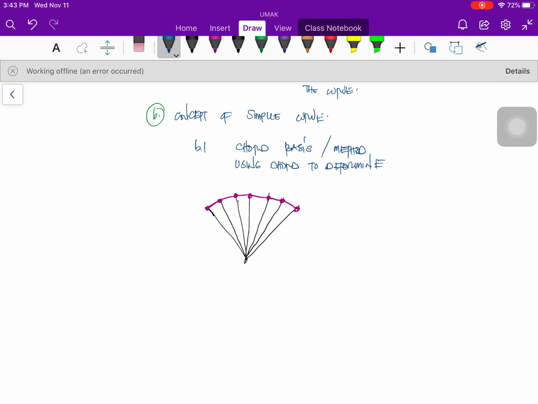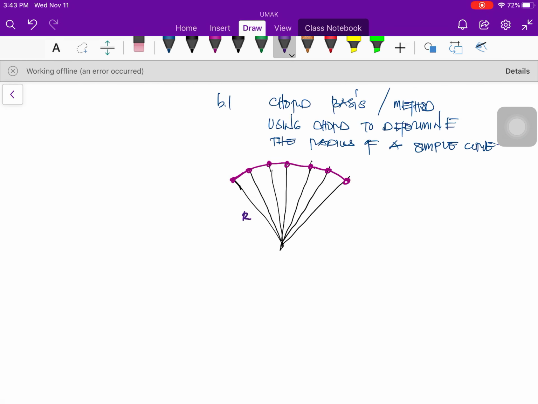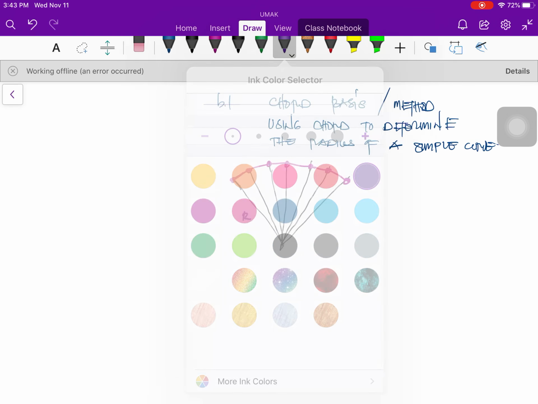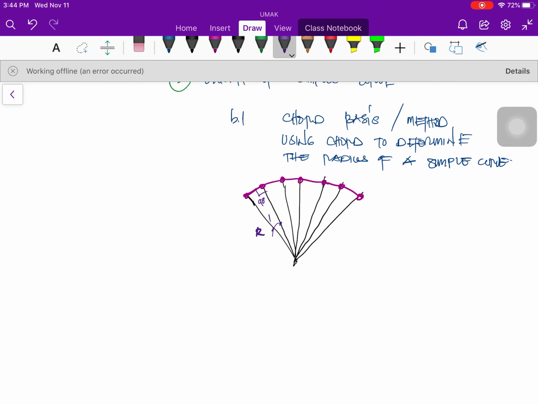To determine the radius of the simple curve. So given that situation, this is your R, and this one is 90 degrees. And let's consider this as the deflection angle.